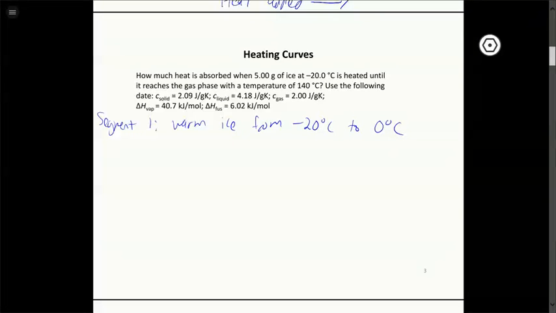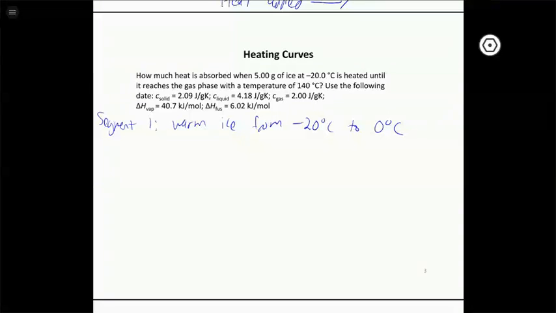Now, if this was something besides water, we would have to tell you what that temperature is. We're not going to expect you to memorize freezing points and boiling points. But for water, you should know that it's 0 degrees for freezing, 100 degrees for boiling. That's kind of how the Celsius scale was designed in the first place.